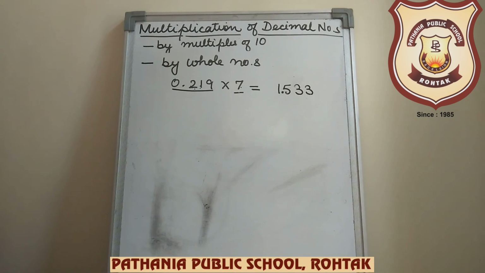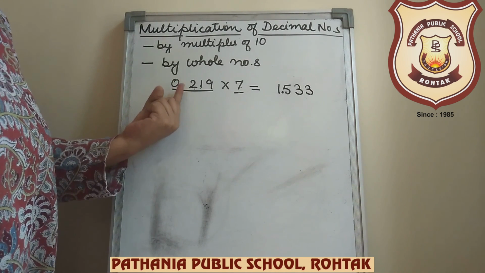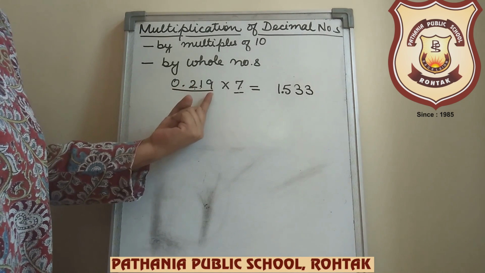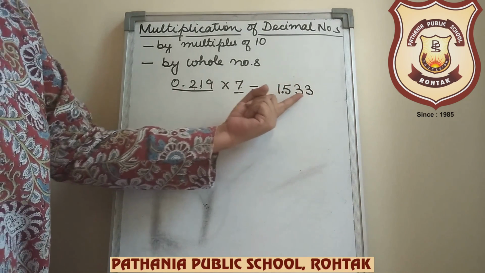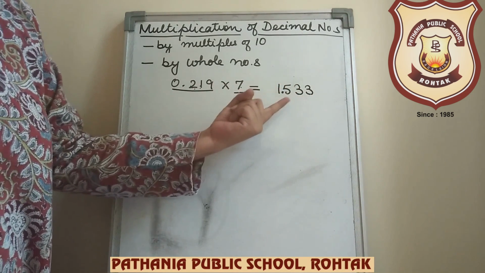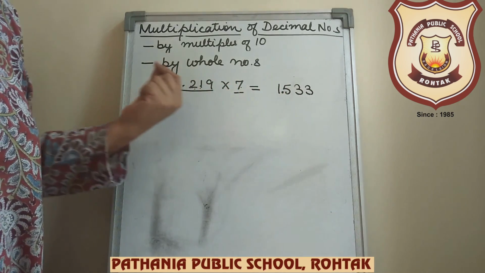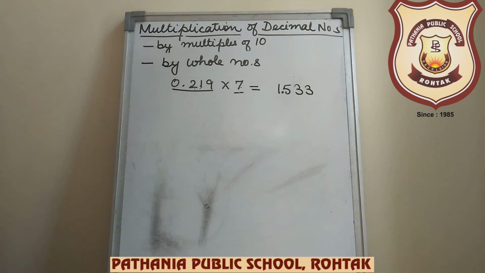Just see how many digits occur after the decimal. That many digits will be counted from 1's place and that is where you are going to put the decimal. Okay, so in this manner you are going to multiply.